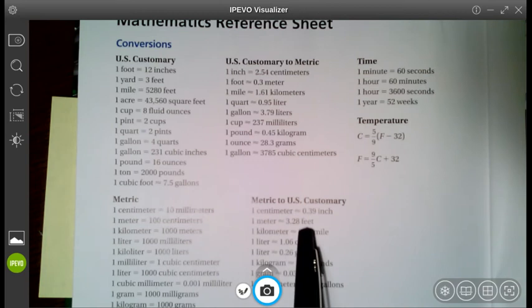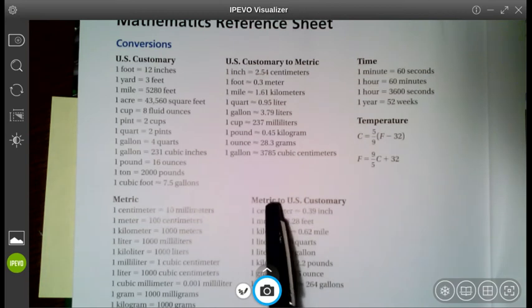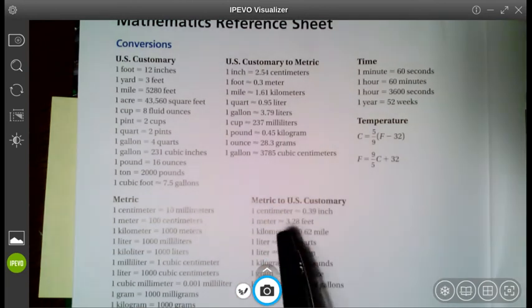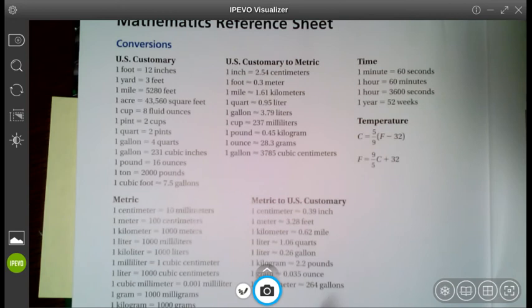So we have to think about, am I going from metric to customary or customary to metric, and which one do I want to choose when working with multiplying by a conversion factor or using a ratio table? And I will show you what that means. You can't go wrong though. If you pick one or the other, you will get the same conversion.